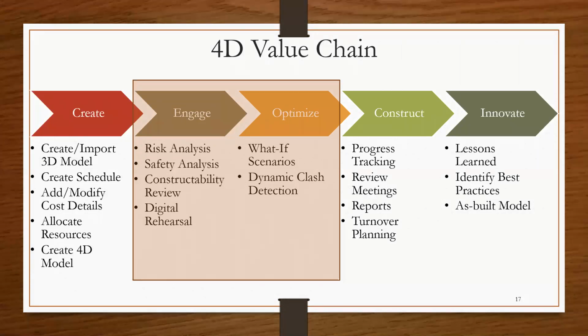Once that is done and all the resources are allocated, you can now modify that to include your cost details for all of your cost elements. You can input that into the model to create your 4D model.